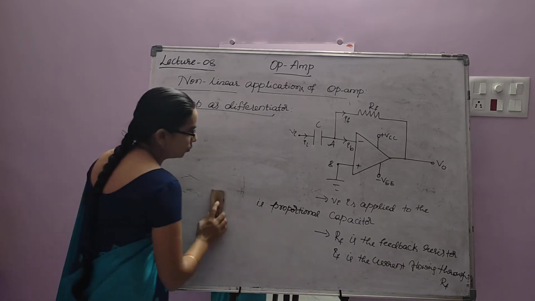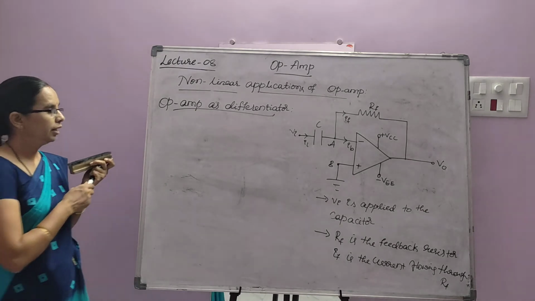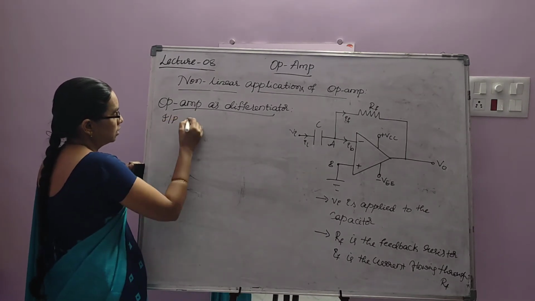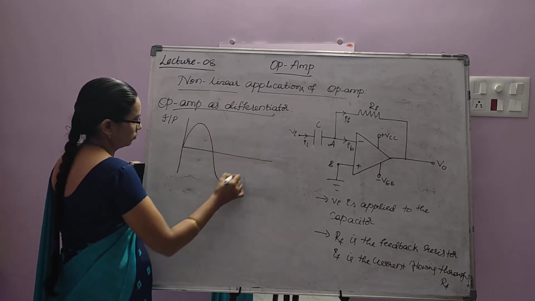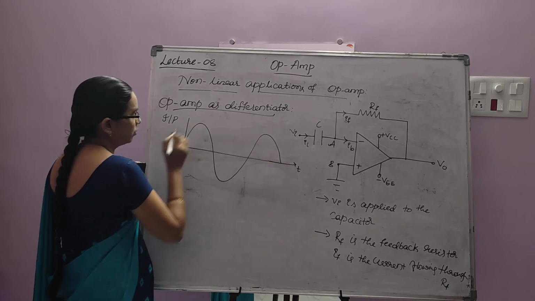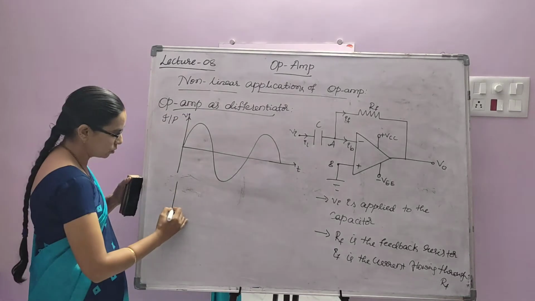So if I look into the input and output waveforms, if the input waveform is a sine wave, the output will be a cosine wave.